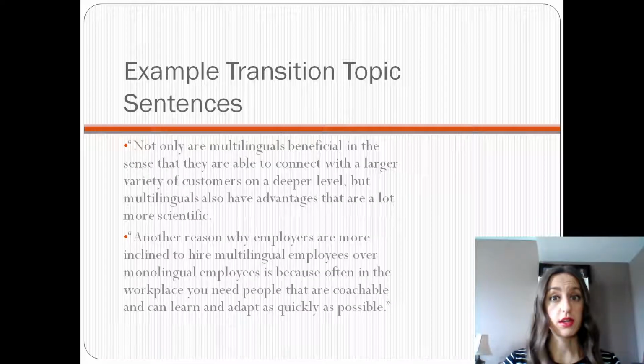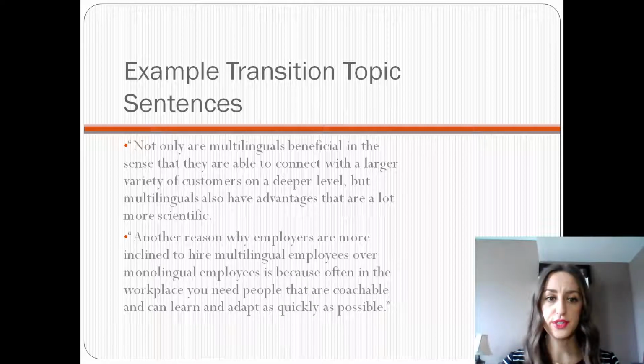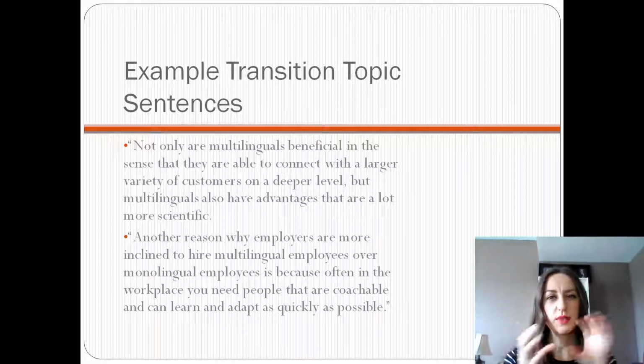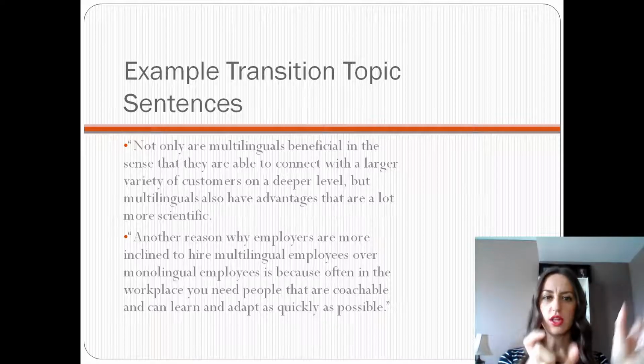All right, so here's some example transition topic sentences. Let's take a look at this first one. Not only are bilinguals beneficial in the sense that they are able to connect with a larger variety of customers on a deeper level, but multilinguals also have advantages that are a lot more scientific. Okay, so you'll see this is maybe a longer sentence, but you see the two clauses there, right?